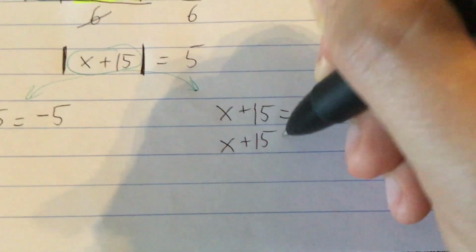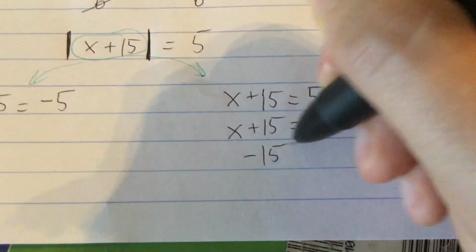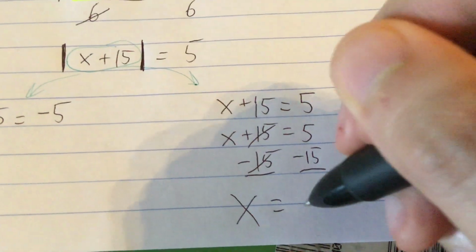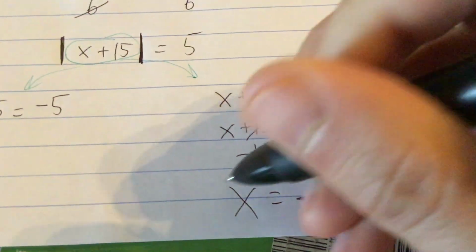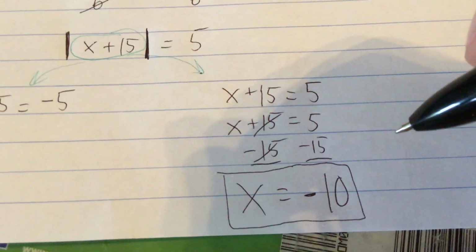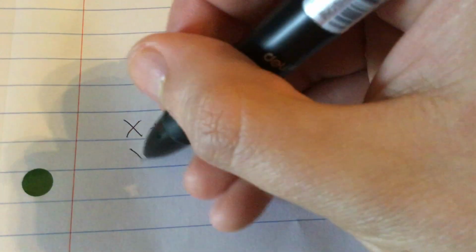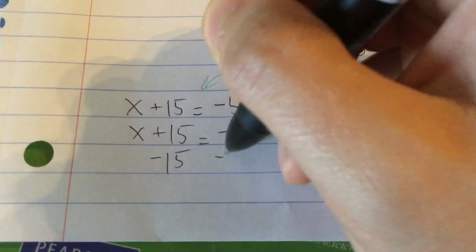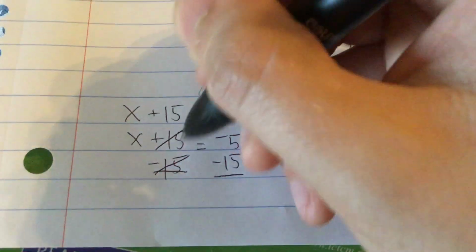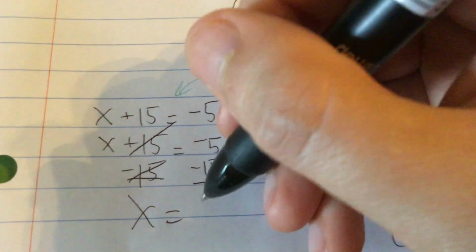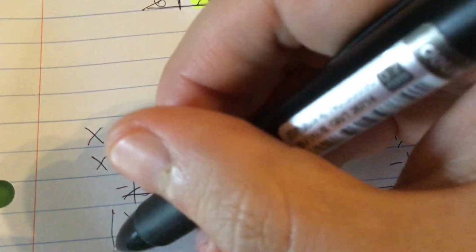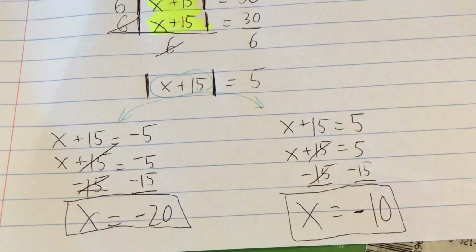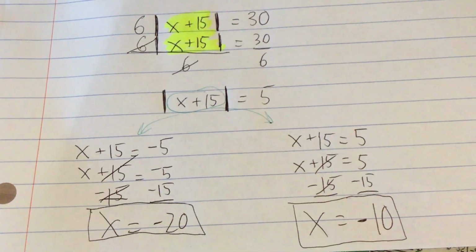If I undo the layer of x plus 15 by subtracting 15, 5 minus 15 is -10. Okay, all good. And now I have to undo the other case by subtracting 15 from both sides. And so x is also equal to -20. So x can be equal to -20 or -10.